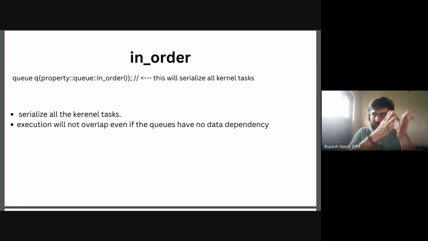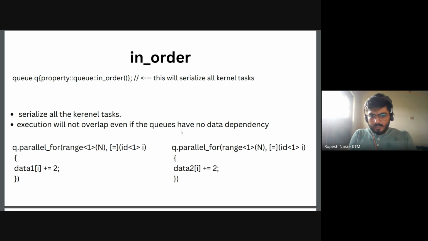So execution will be non-overlapping, even if the kernels are not data dependent. Suppose this is one kernel and this is another, and we have used in order: even if both kernels are independent, they will run sequentially. After this is completed, only then can the next start running. This is the side effect of using in order.